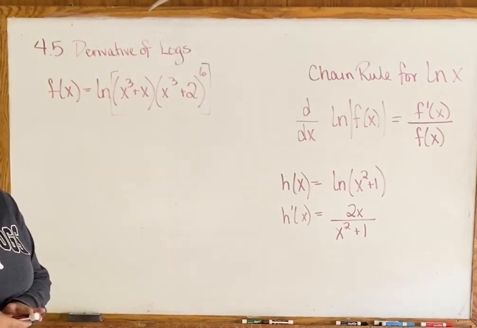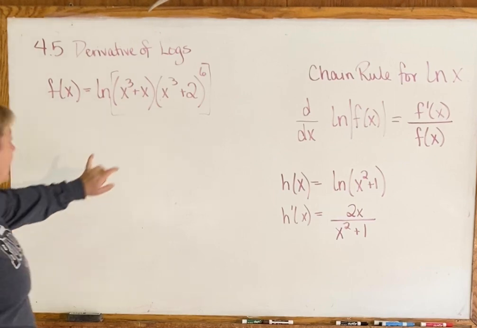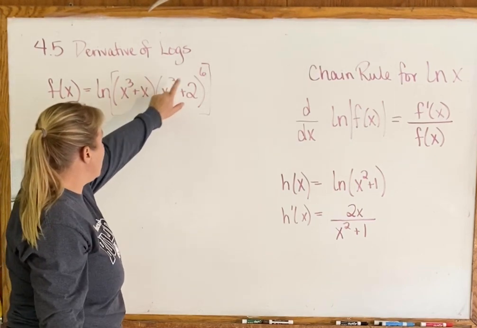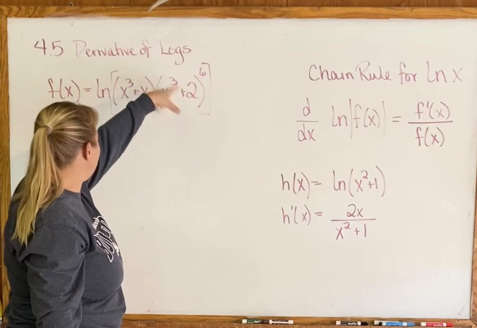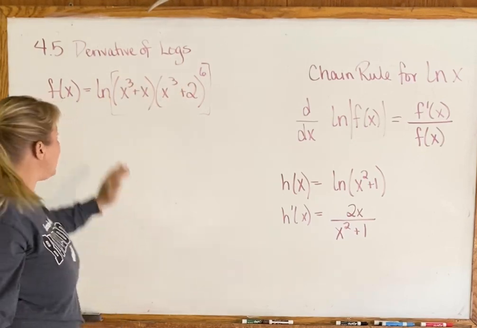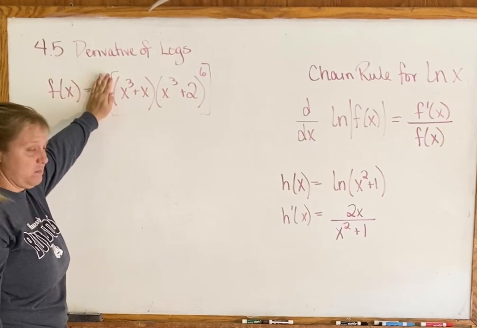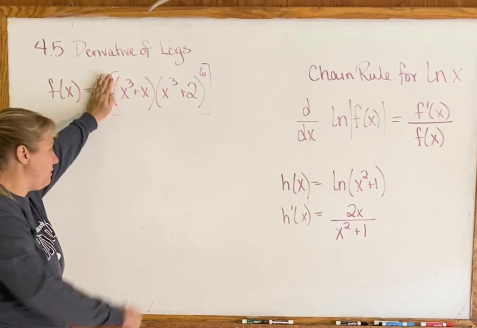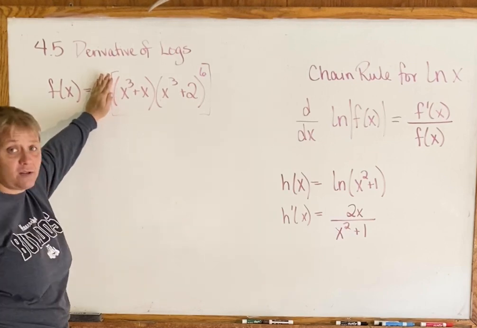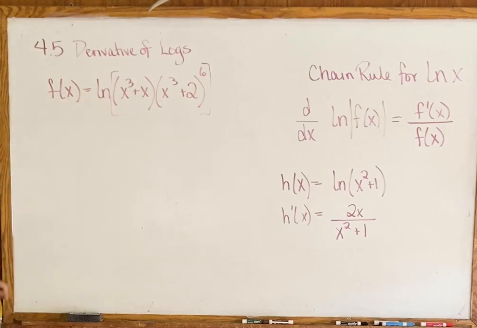At first glance you go, oh crap, it looks like the product rule, and we've got that 6 up there, which means the chain rule inside. This is a total disaster. If it didn't have the natural log, I would agree with you: product rule, chain rule, step after step after step. But guess what? Because this is the natural log, this problem becomes actually very simple.